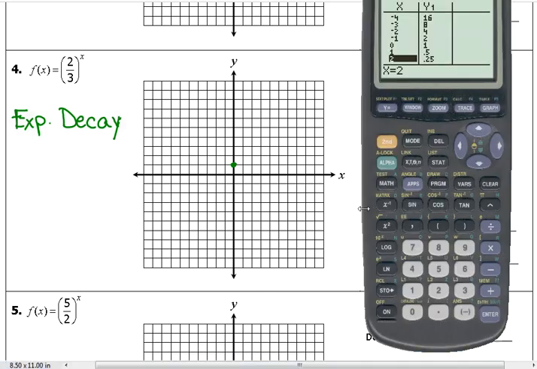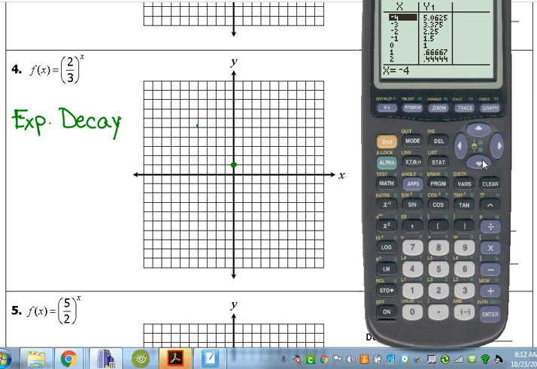I do want to get some specific values, so I am going to plug this into my calculator. 2/3. Go to my table. Okay, so at -4, we're at just above 5.